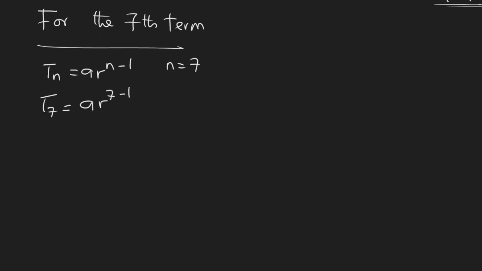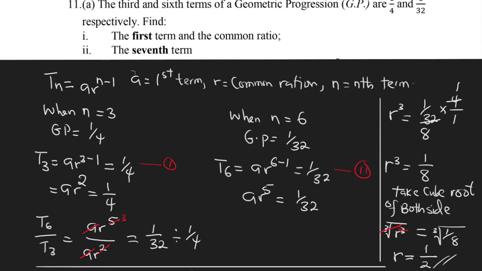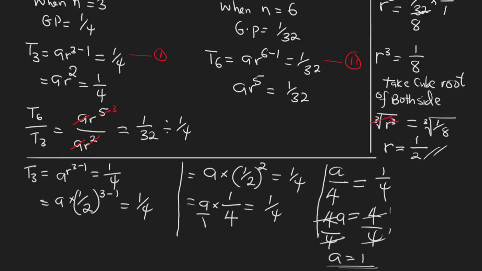But remember that we've already solved for our first term and our common ratio. We found out that our common ratio is 1 over 2, and our first term is 1. That's our a.